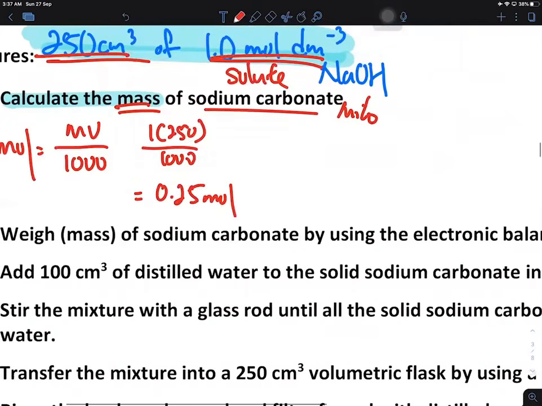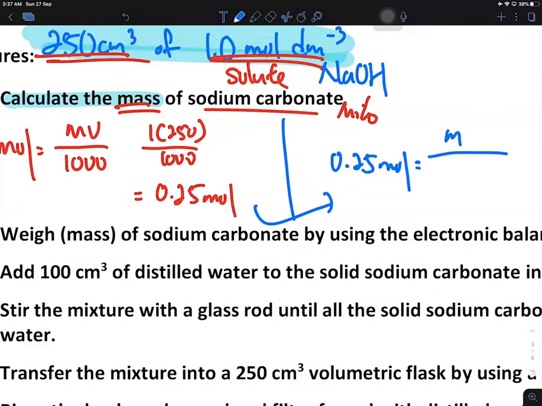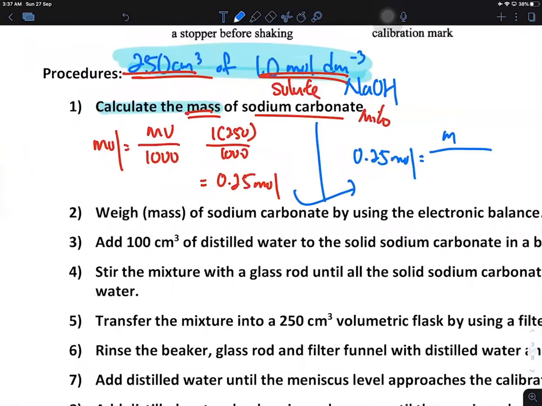And then how do you calculate the mass? Bring this mole over here, mass over molar mass. Let's say molar mass of sodium hydroxide, NaOH, 23 plus 16 plus 1, how much? 40. Okay, so it's 10 grams. So after you have calculated, by doing the calculation, they will give you 2 marks.